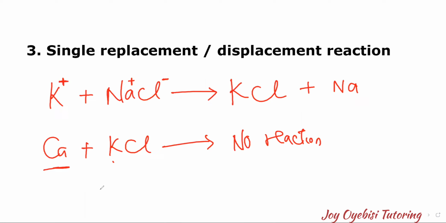So whenever you see a reaction that has an element and a compound, and then on the product side, you see a new compound and a new element being formed, know that that is a single replacement reaction. And if you're asked to write the product, you would have to ensure that the element that you are trying to kick out is actually less reactive than whatever is replacing it.